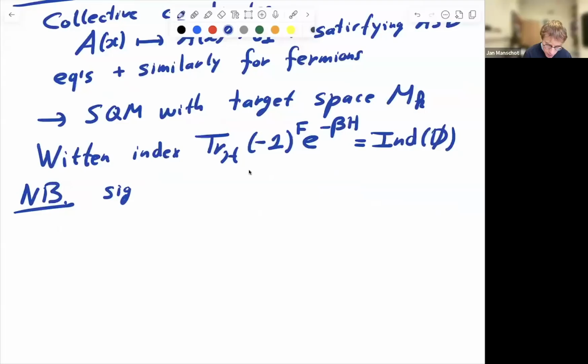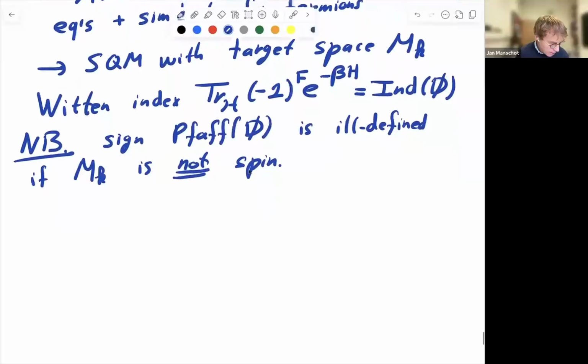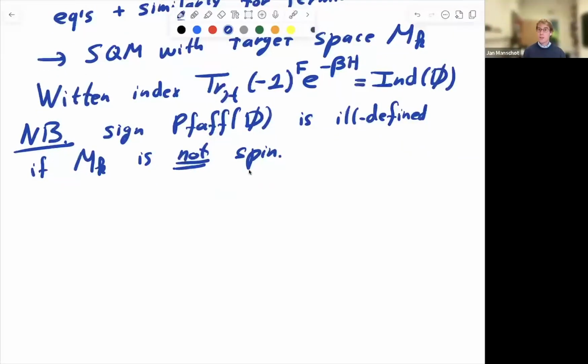In particular, the sign of the Pfaffian of D is ill defined if M_K is not spin.